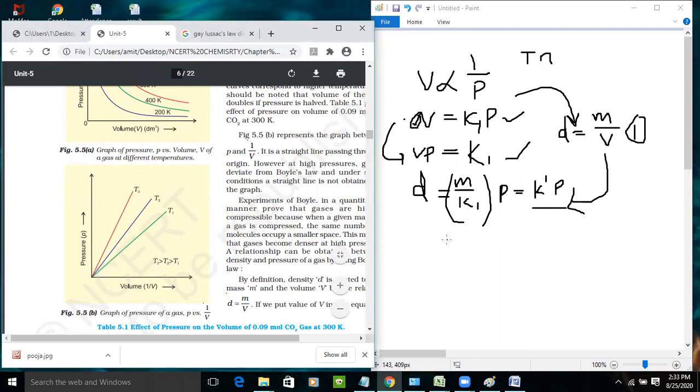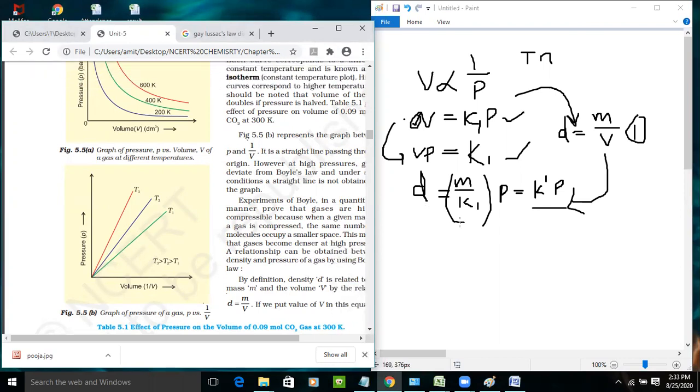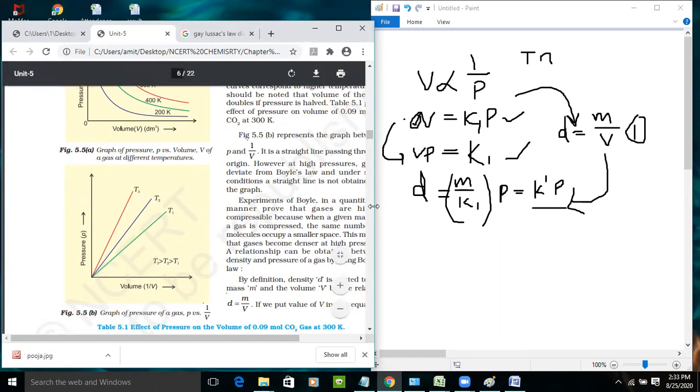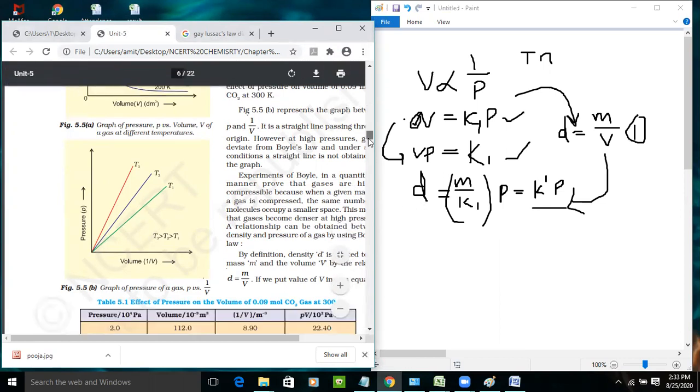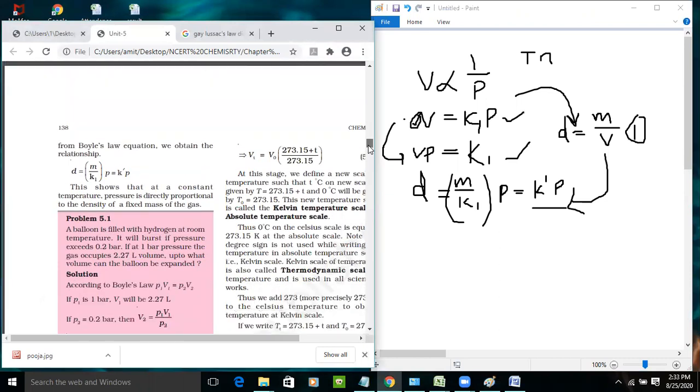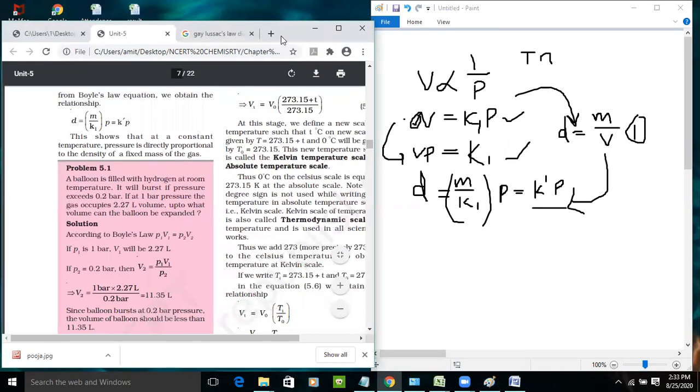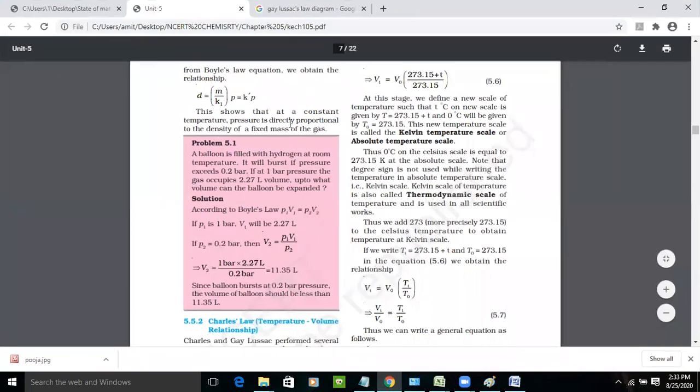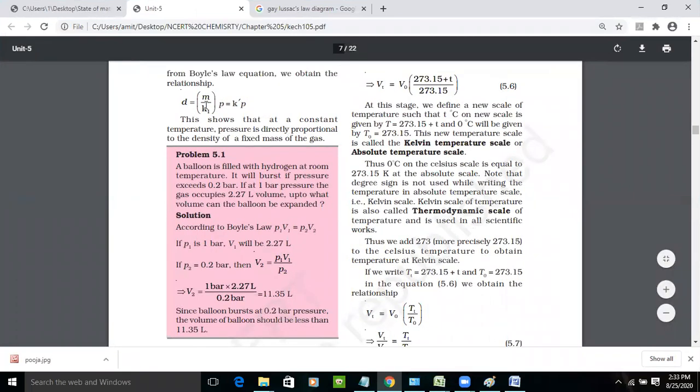So if you substitute these two equations together, you obtain d is equal to m upon k1 P. Let me show you in the CRT in a clear way. Instead of writing m upon k1, he gave a new constant, k dash.